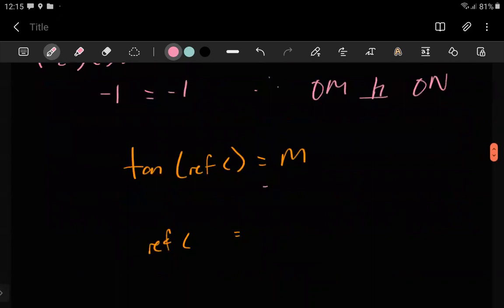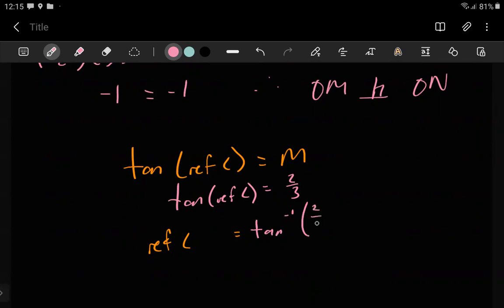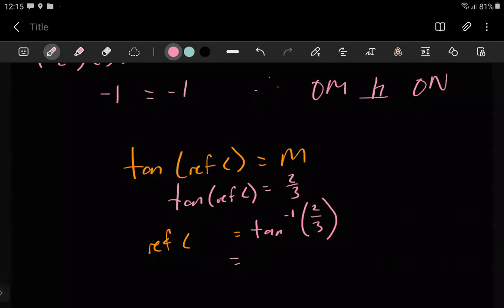So for the reference angle, you're gonna say shift tan of 2/3. In the calculator, let's see what we get there. Shift tan 2/3.